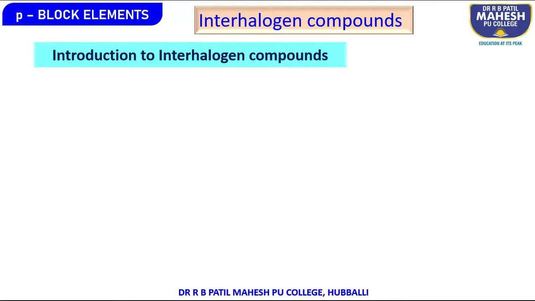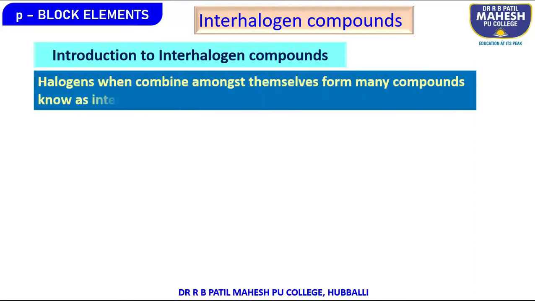Introduction to interhalogen compounds. When one halogen combines with another halogen, the resulting compound is called an interhalogen compound.